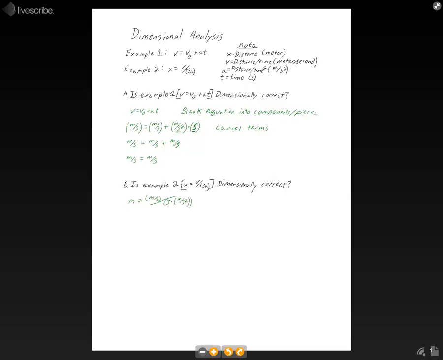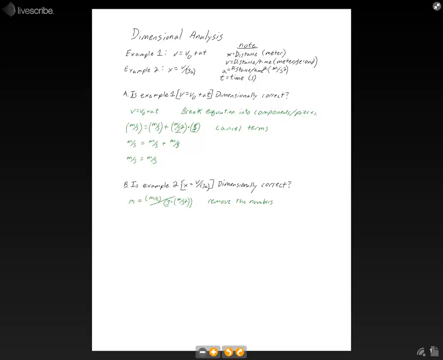Now for this one, you can remove the numbers, such as the 3. The 3 is not important to the dimensions. The letters, they all need to stay there, but the 3 can go away. Up in the power, the exponent for the second squared, that needs to stay there, because second squared means seconds times seconds.